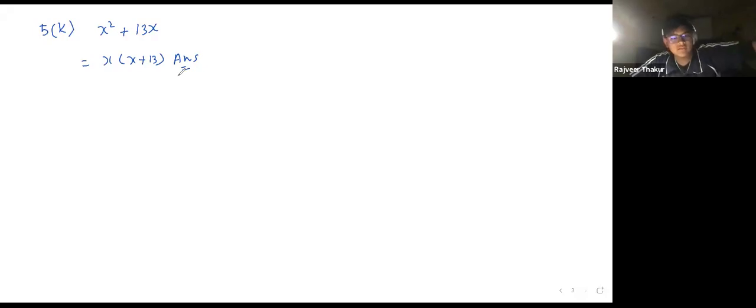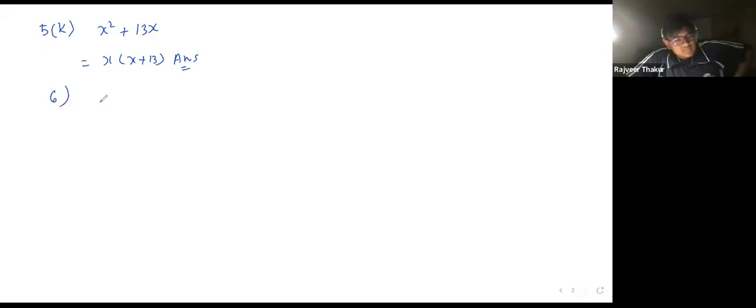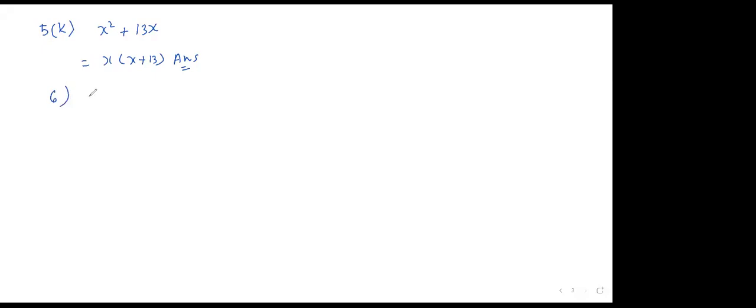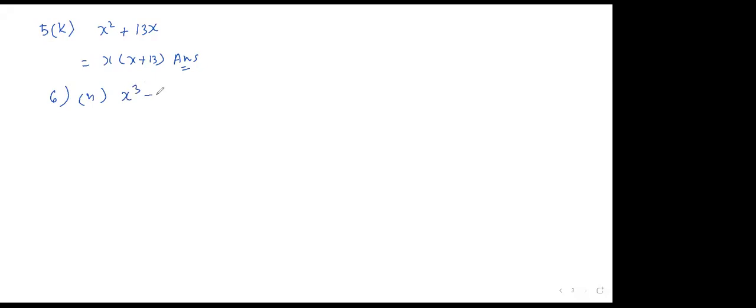6N. Question number 6, 6N. We have x cube negative 3x square and negative 28x.